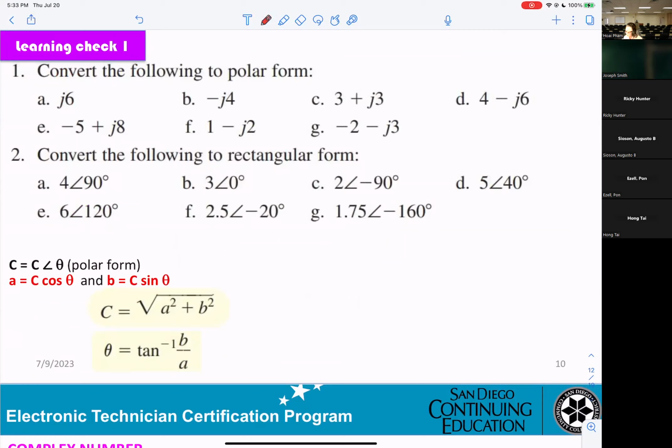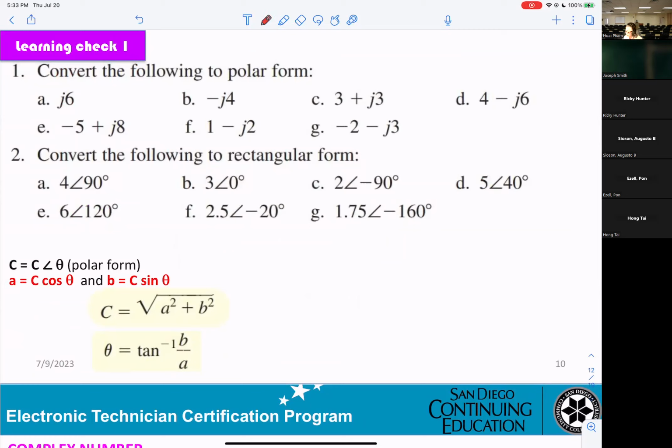C, 3 plus J3. Make sure you guys try to do the exercise. This is very basic, we need to get through it.